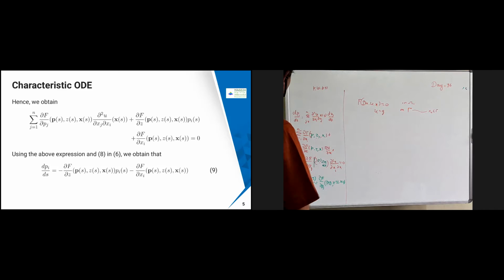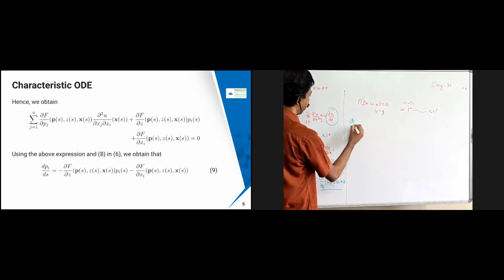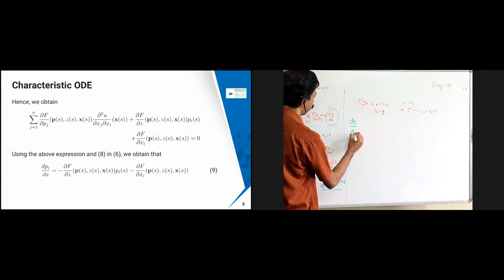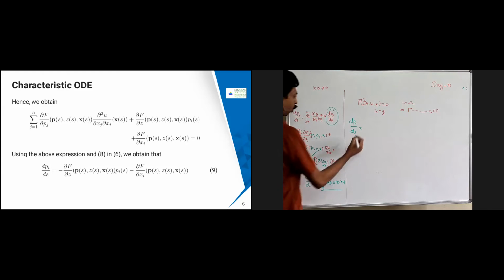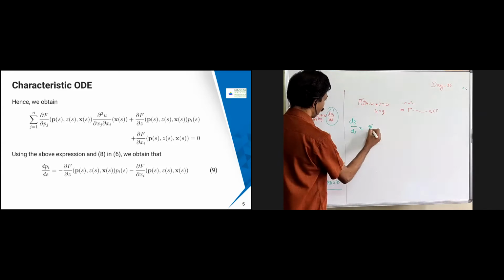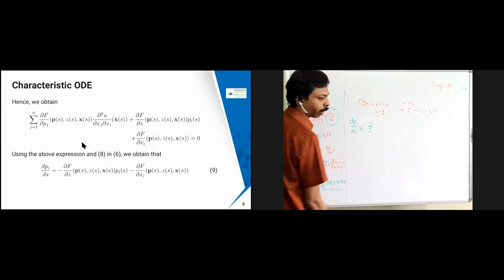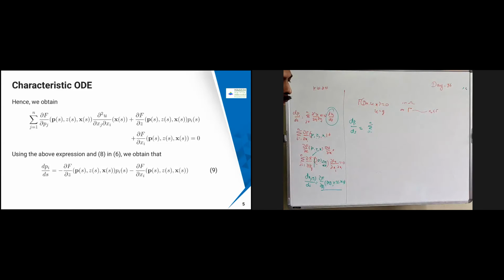So dpi by ds is the same as this one, and this is the same as this one. This and this are the same, so I can bring that to the other side. So I'm going to get summation i equal to 1 to n.